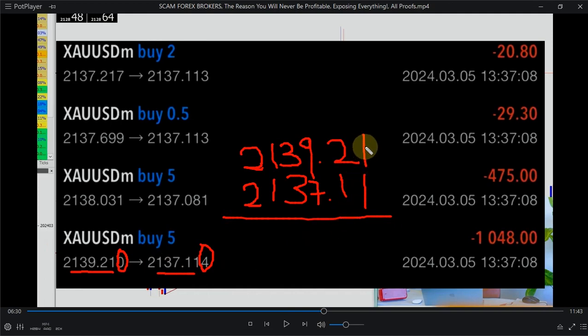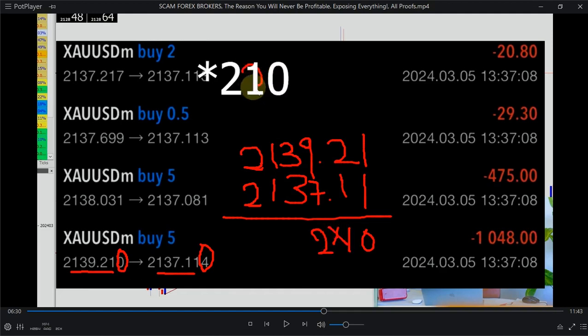So 1, you subtract 1, get 0. 2 subtract 1, get 1. 9 subtract 7, get 2. On a good day, this is supposed to be 2.10, but this is equivalent to 200 pips on gold.